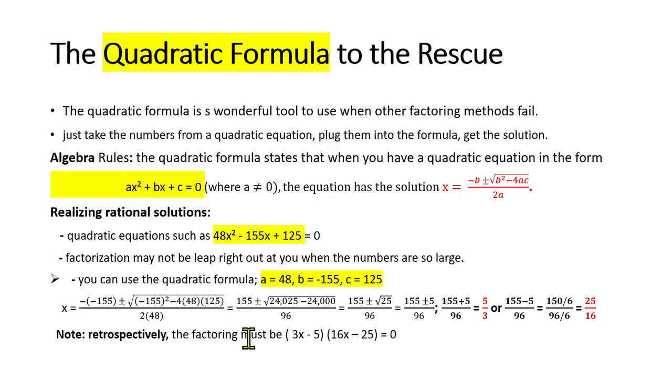Here, rational number and irrational number, what's the difference between them? A rational number can be expressed as a fraction, but an irrational number is inside the square root, the radical.